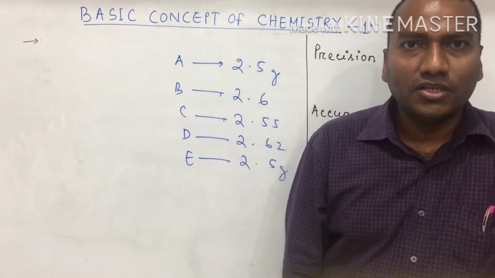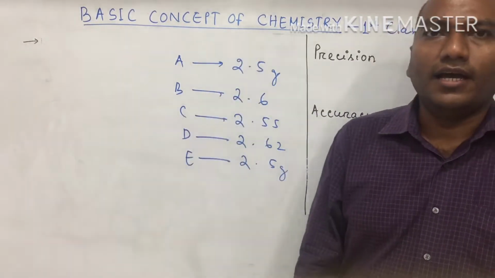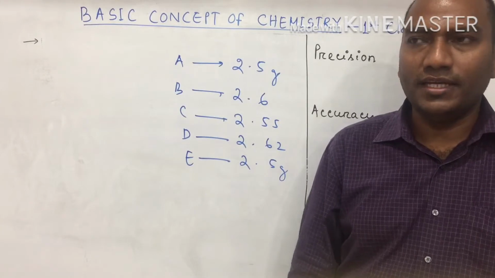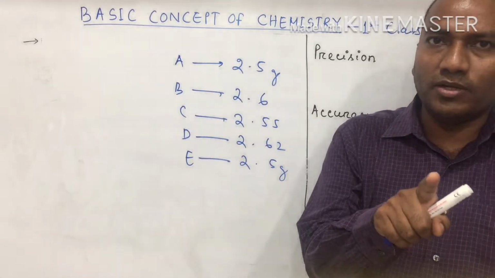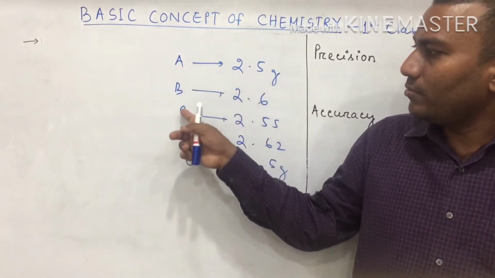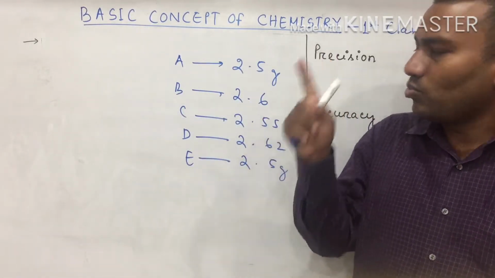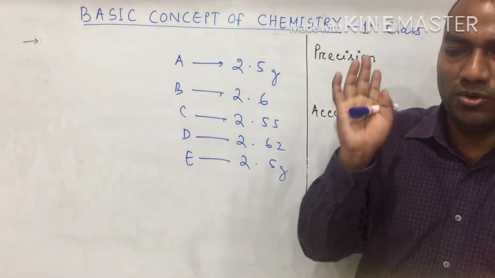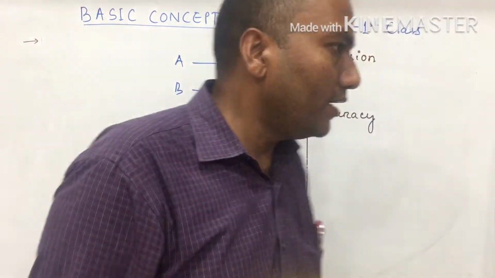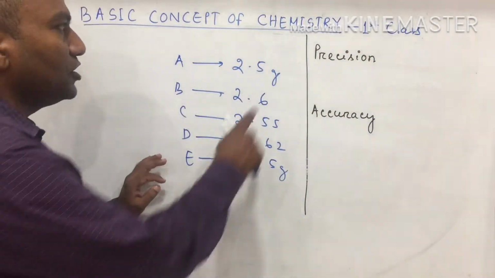Then we take the average. Then to this average value, which student is very close? Then we can say this student is more precise. Clear now? This is called precision.